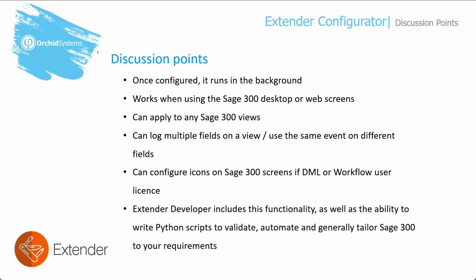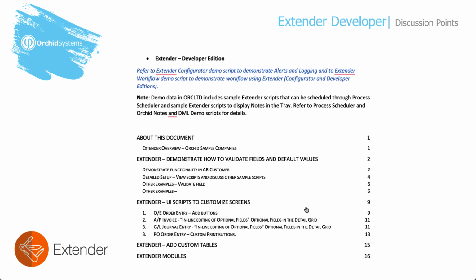Now, a reminder that Extender Developer, which many of you will know as the ability to write Python scripts to validate, automate, and generally tailor Sage 300 to your requirements, also includes the Extender Configurator functionality. So we're not going to go through the Extender Developer sample data as of today, but this is some of the functionality that it includes in the Orc Ltd database.